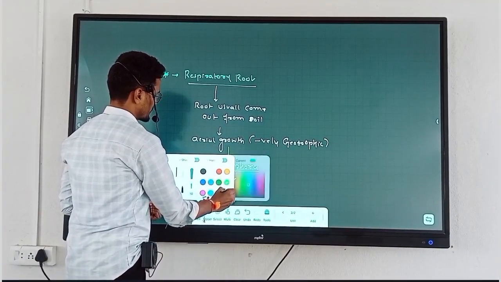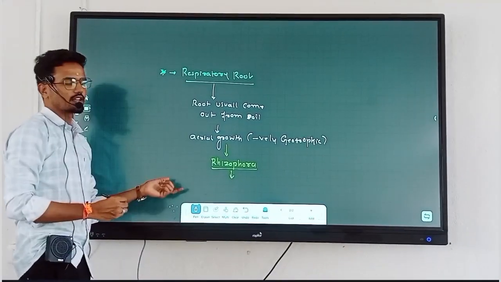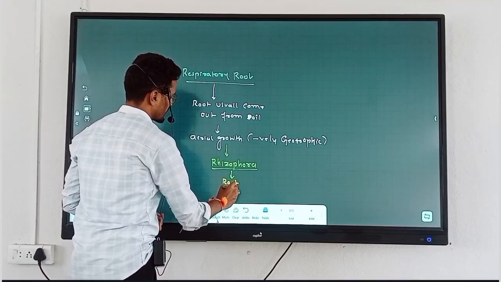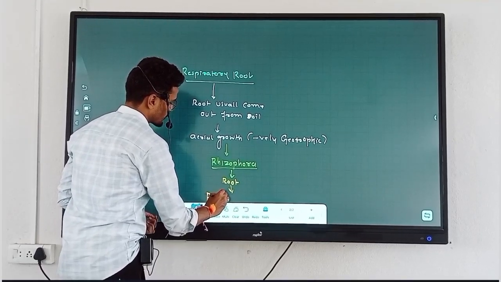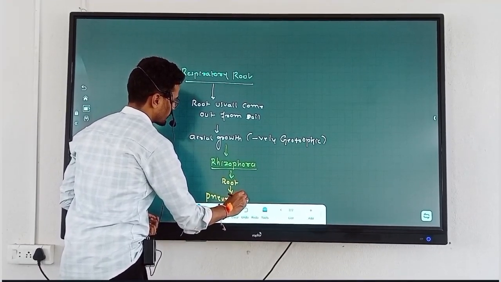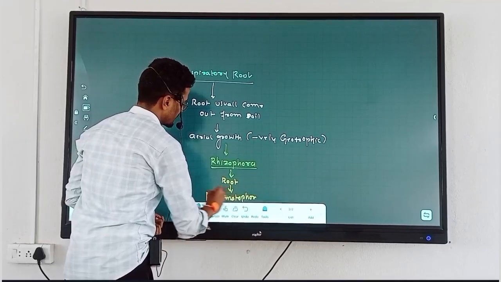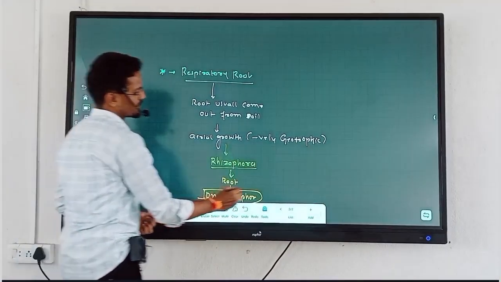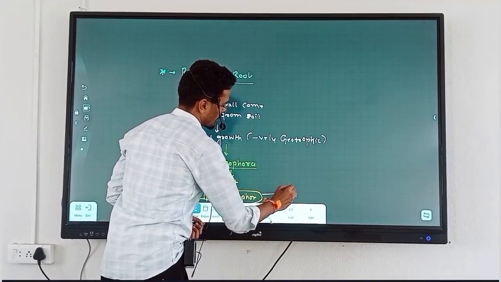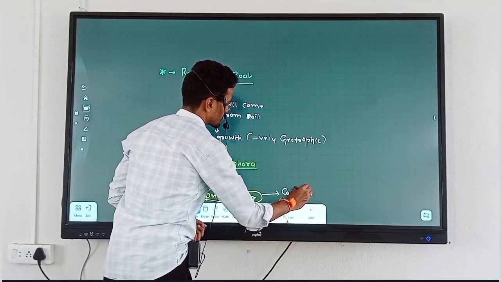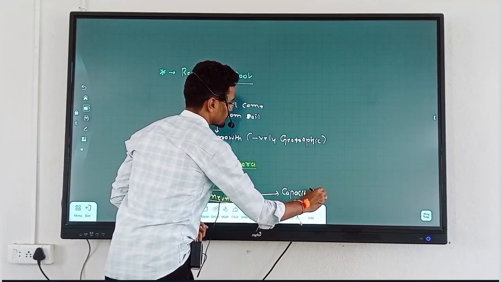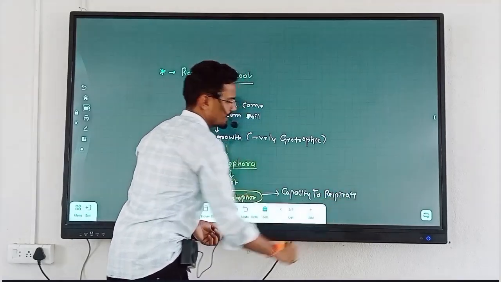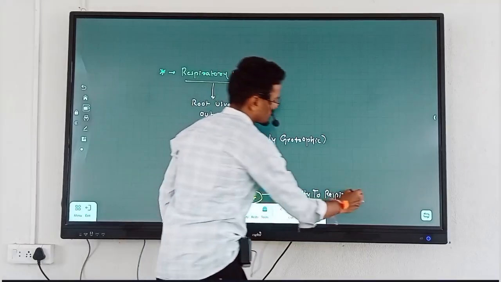These roots have a particular name: pneumatophores. These pneumatophore structures have the capacity to respire, that is, oxygen intake.